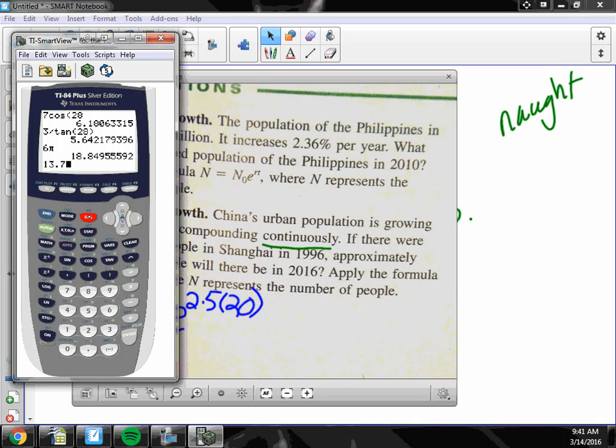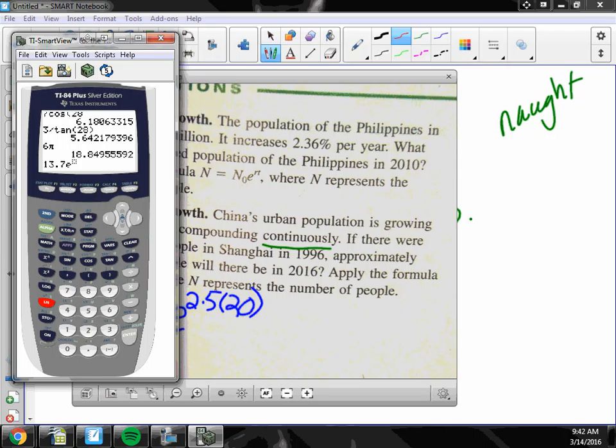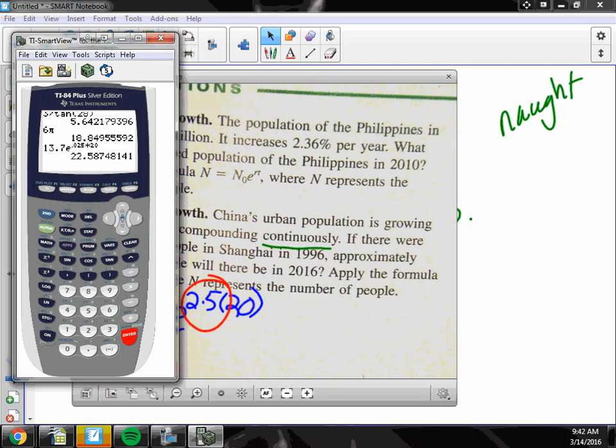The e with an exponent is above the ln, and then you get e to the exponent. My interest rate is 2.5%. What is that as a decimal? 0.025. So 0.025 times 20. The population of Shanghai after 20 years will be 22.5 million.